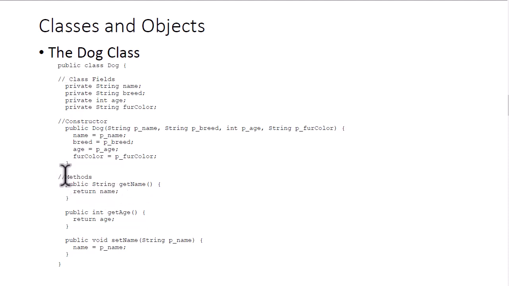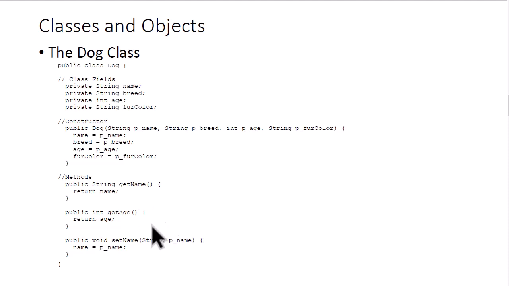So you can see down below, we have our get method, public string. Public means it's available to everybody. String means it's returning a string value. And get name. Get name is the name of our method. It takes no parameters and returns the variable name, which is here. Similar, get age does the same thing, but for the age.